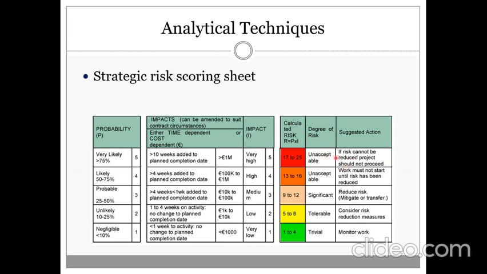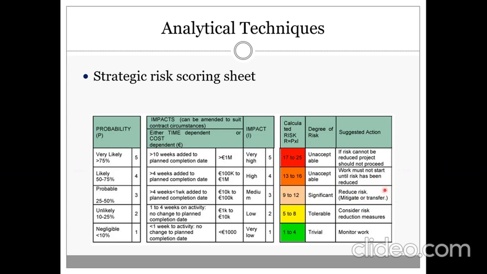For example, the very high risk is unacceptable. The same for the high risk, it is unacceptable. But the medium risk here could be handled somehow. How? By reducing risk or mitigating risk or transferring risk. And actually, this is the most important phase, or these are the most important risks that we are talking about.